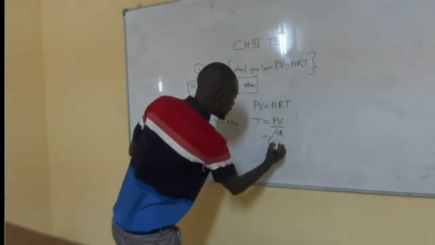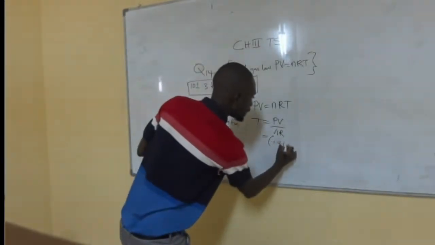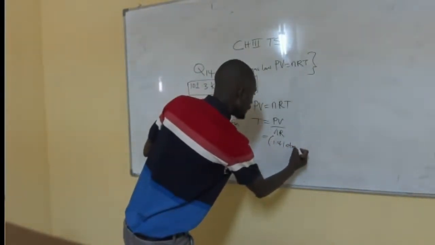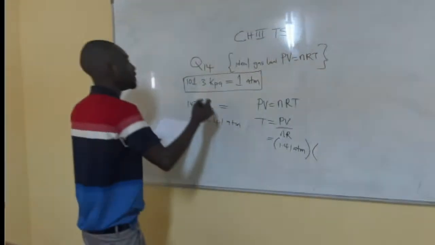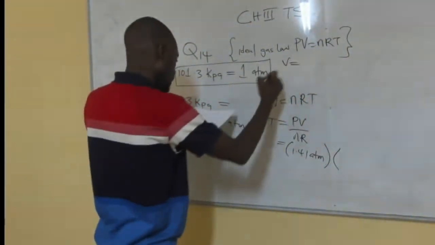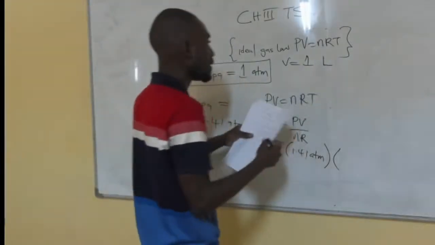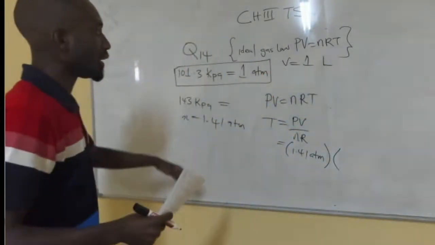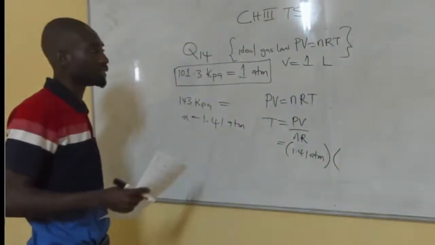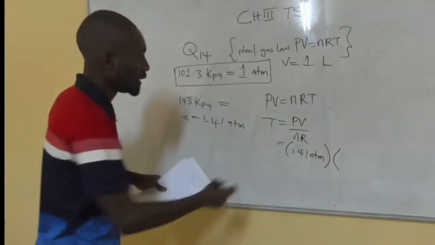The pressure is 1.41 atmosphere, times the volume you are given, which is 1 liter.